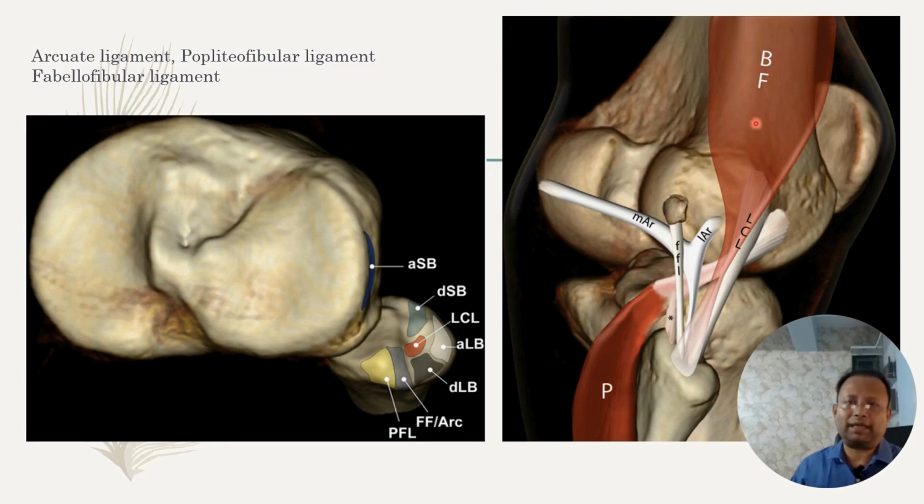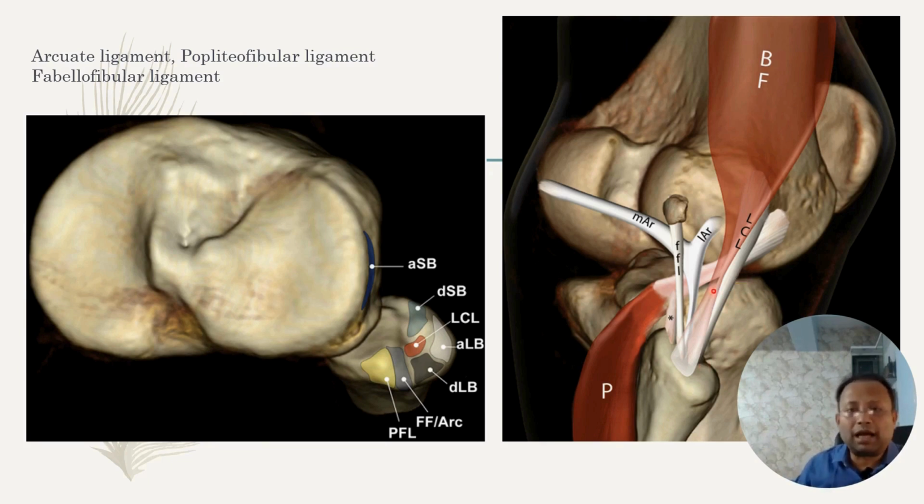Here you can see the biceps femoris tendon on the lateral side, and just below the biceps femoris tendon there is a white structure. This structure is nothing but the lateral collateral ligament. This lateral collateral ligament is sandwiched by the short head and long head of the biceps femoris.